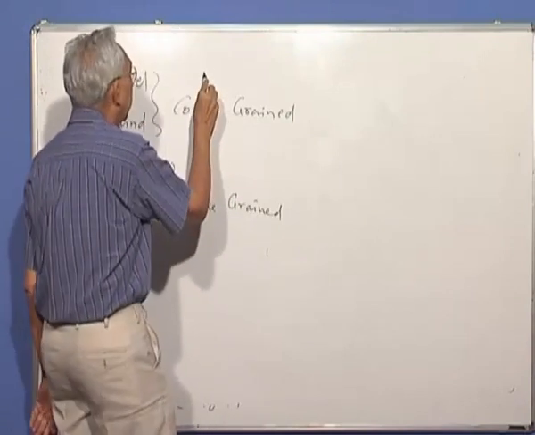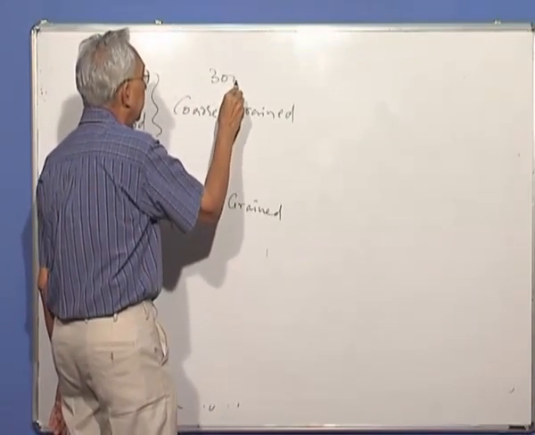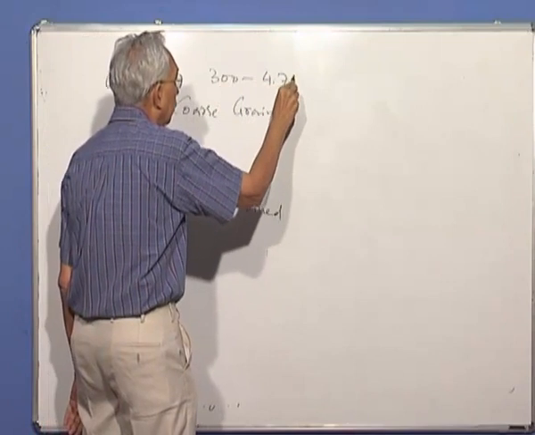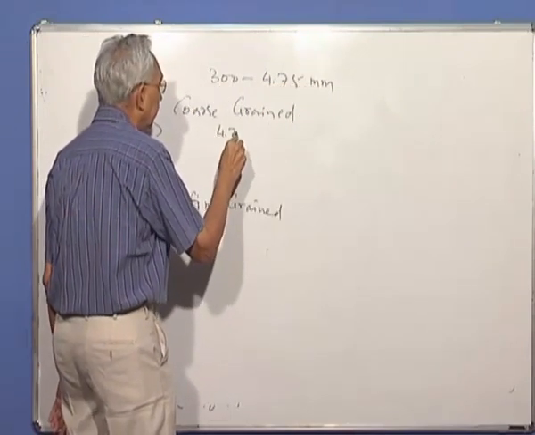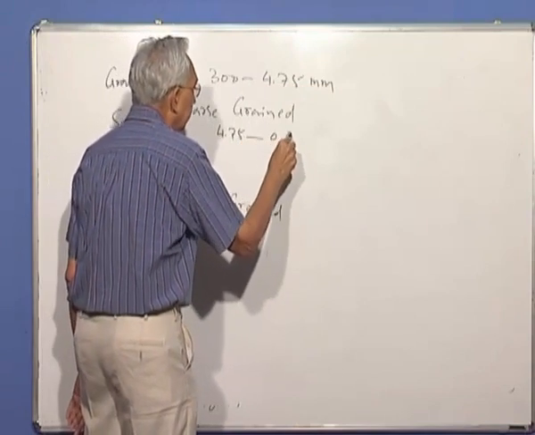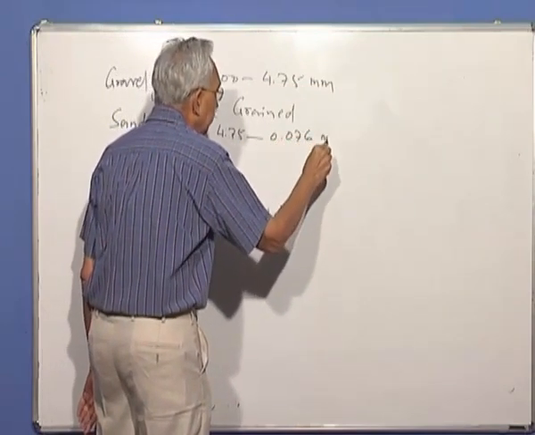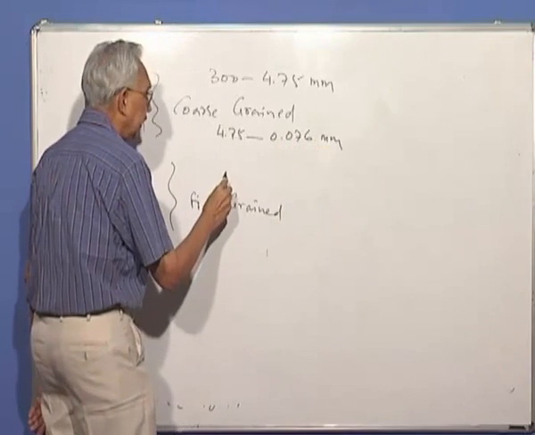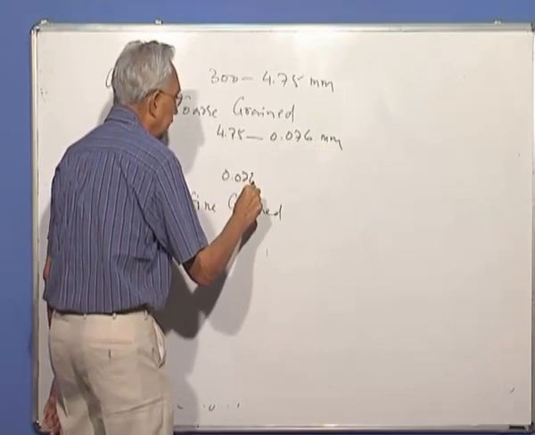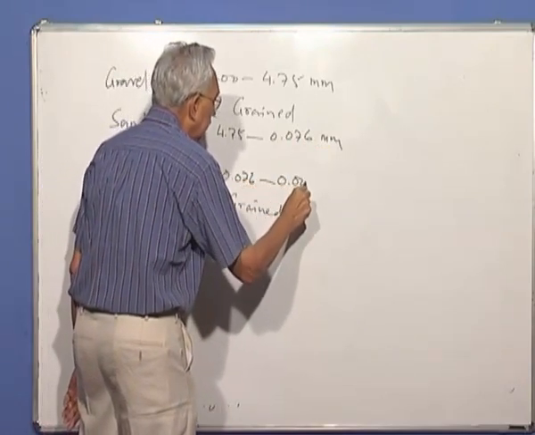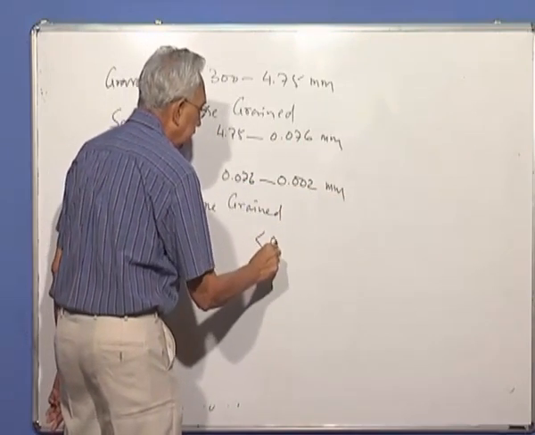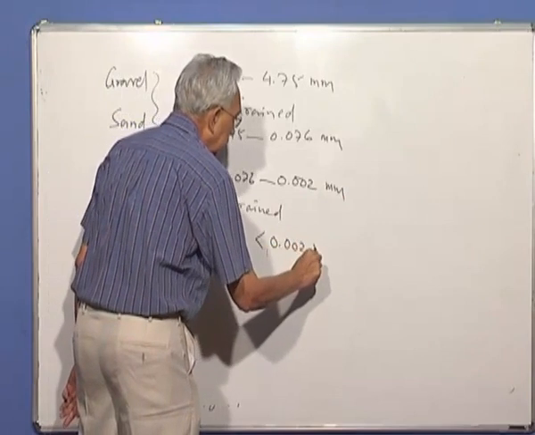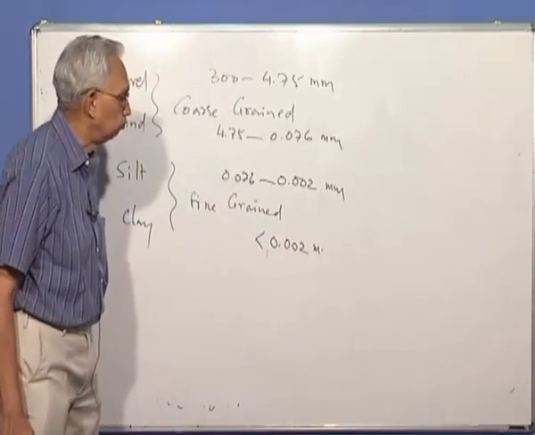Here gravel has something like say 300 millimeters to 4.75 millimeters. Sand is 4.75 to 0.75 or 76 millimeters. Silt size is 0.76 to, and anything less than 2 microns is called clay fraction.